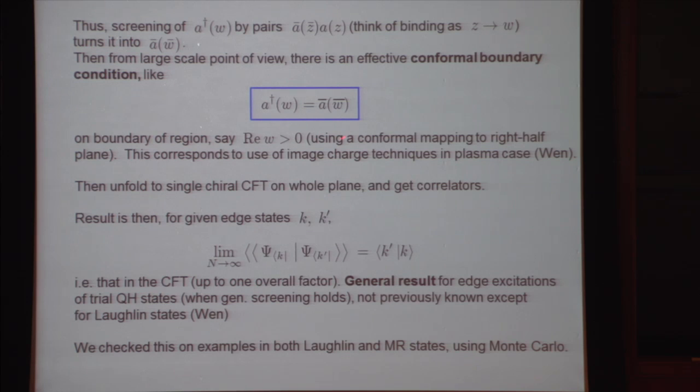And especially if I think of this as the right half plane, I can unfold that and get a copy of the whole plane, and now I have a chiral theory, but in the full plane, instead of a non-chiral theory in a half plane with a boundary condition. It's the same thing. It's a very common trick. Okay? And because this is a conformal boundary condition, it preserves conformal invariance, this actually works.